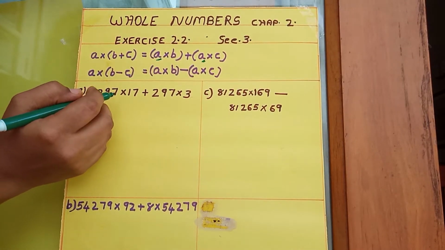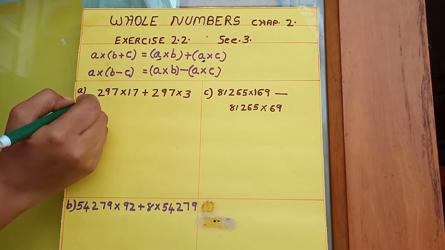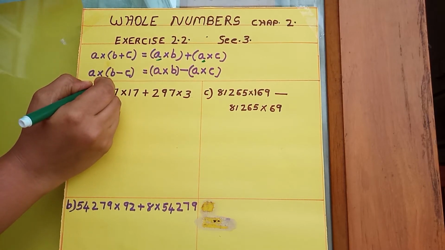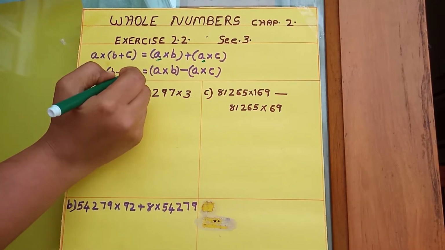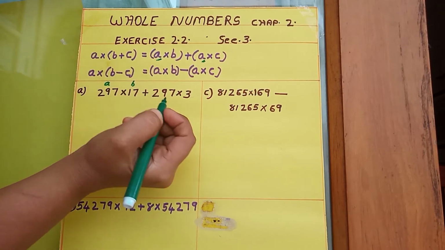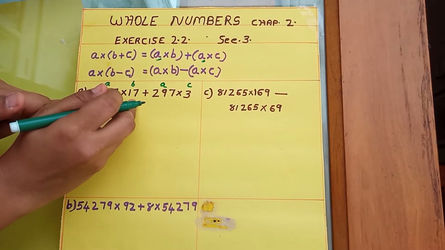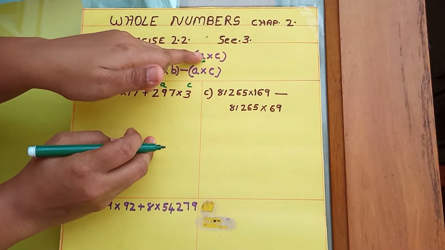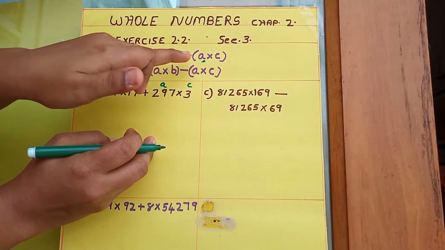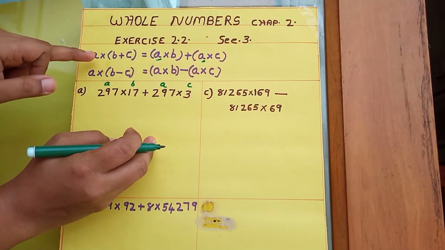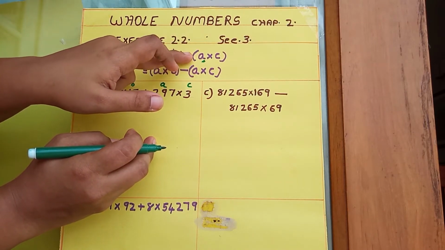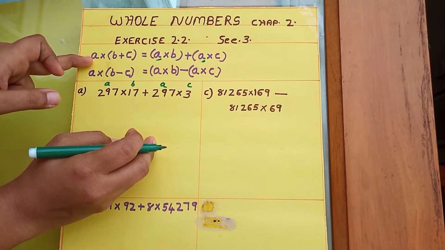Here, if you take 297 as A, 17 as B and 3 as C, the present problem is similar to the RHS of this formula. So we have to convert this RHS into the form of LHS.